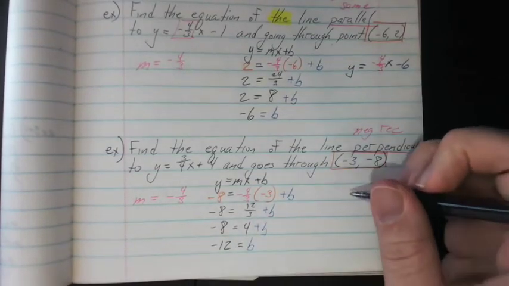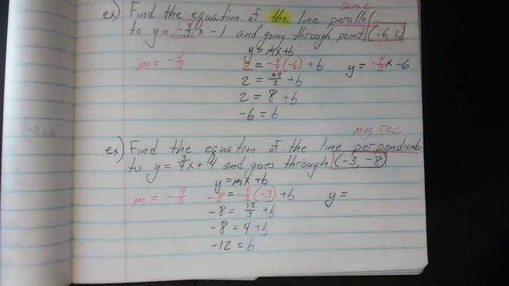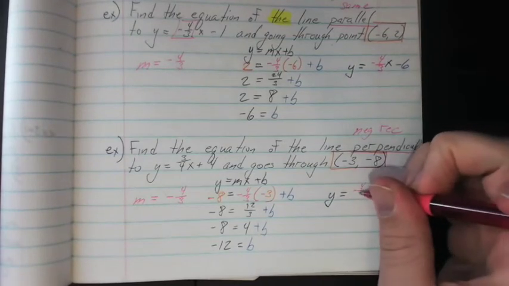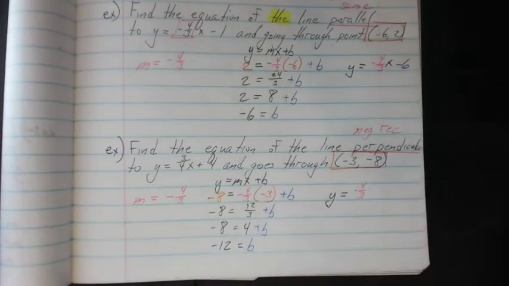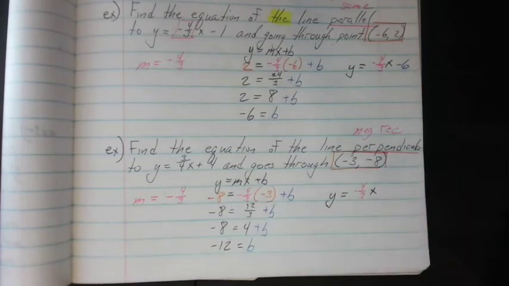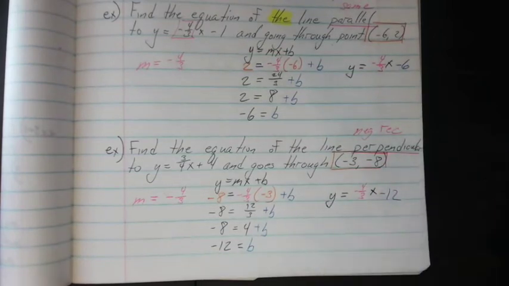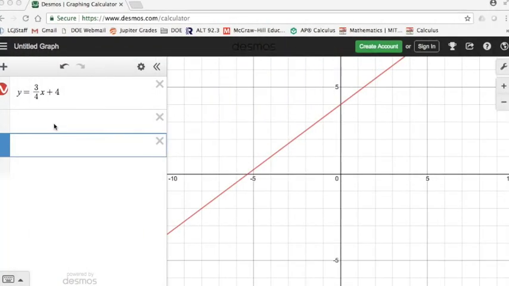Well, now let's just make our equation. y equals, the slope here is just -4/3. Remember, x stays as a variable. It has to. Last but not least, we just solved for b. It's -12. That's our answer. We're just going to do the same way of checking.